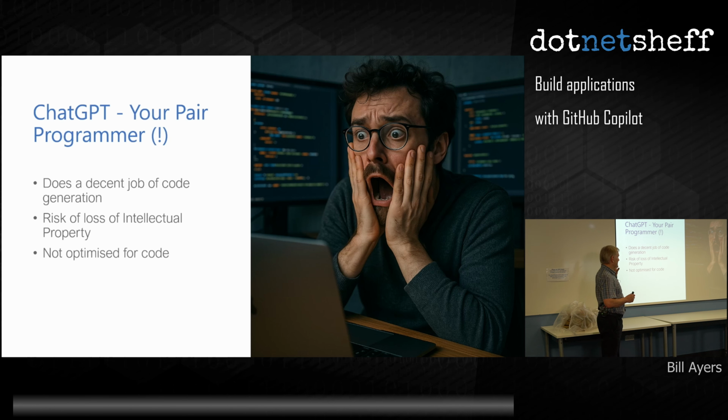So some people started using ChatGPT to generate code: write me a function that does such and such, or take this function and make it better. The risk there is some people got into trouble because they lost intellectual property, leaking out, because when you're uploading something into ChatGPT, it's not private. They then use that to train their models and make them better. It's one of the ways they do it.